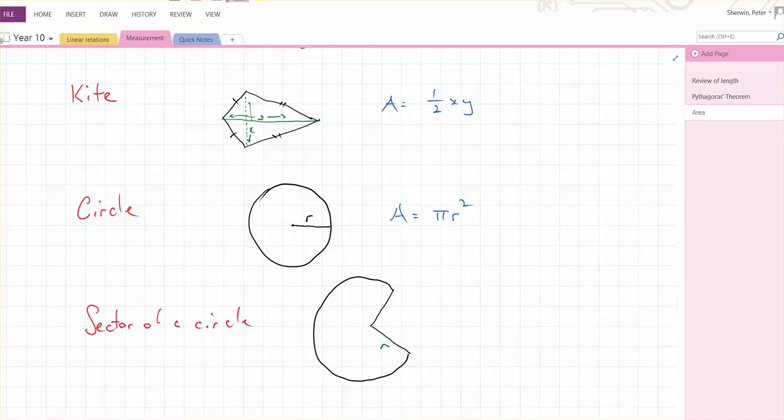Then what we need to know is this angle here. I'm going to put theta, that angle in there. What does that equal? Because if we know that, we know what fraction of the circle we've got. So we can put that angle over 360, 360 being the entire circle, and we can multiply that by pi r squared, with r being there.